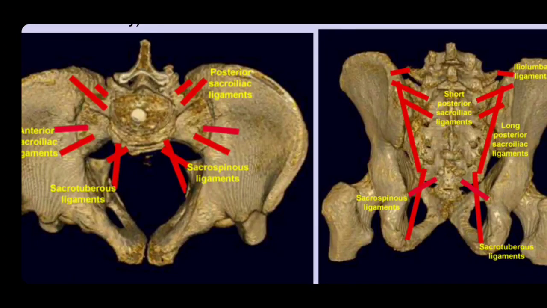So anterior complex is responsible for rotational stability of pelvis. If we look at pelvic specimen from the posterior side, you will see the ligaments that are forming posterior complex, which is responsible for vertical stability of pelvis. These are short and long posterior sacroiliac ligaments, sacrospinous ligaments, and sacrotuberous ligaments, as well as iliolumbar ligament.